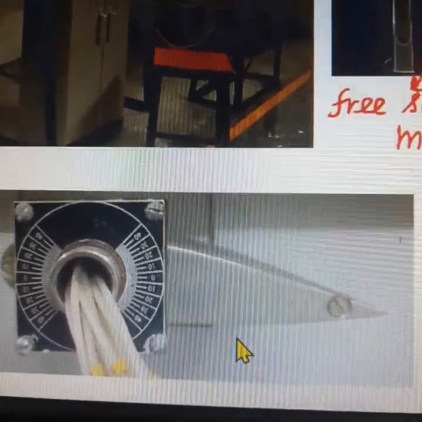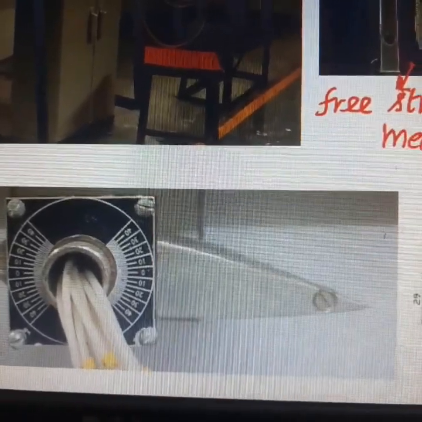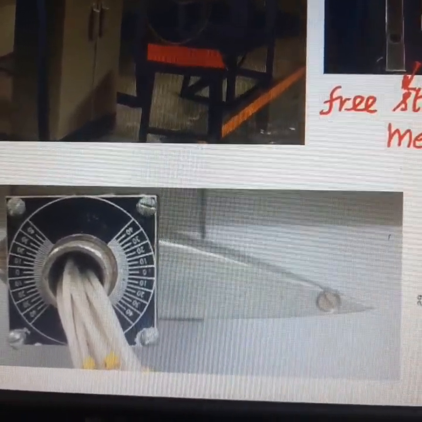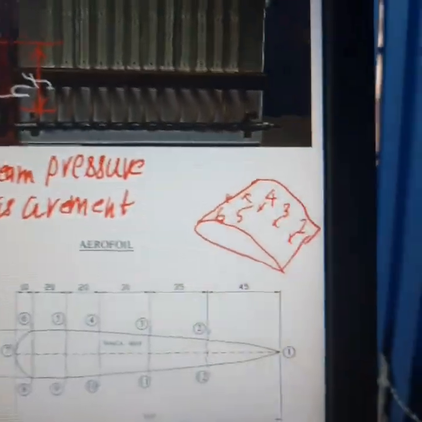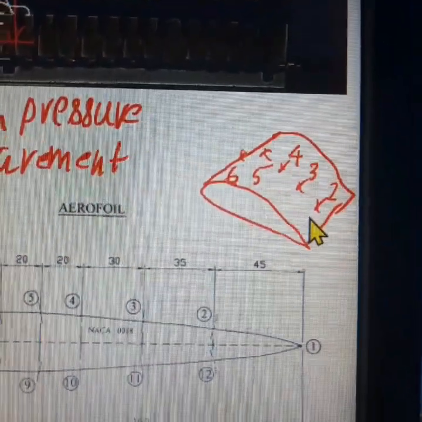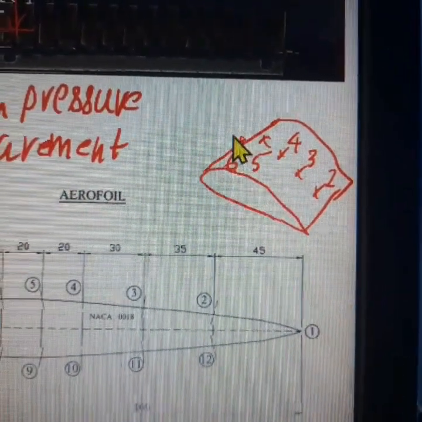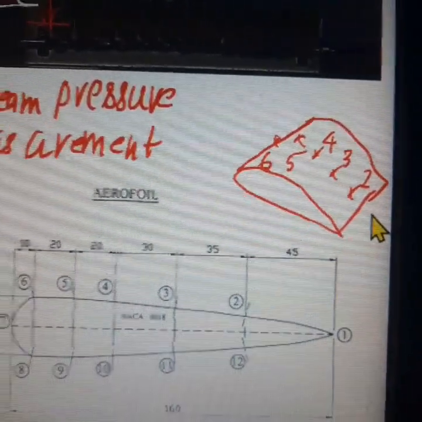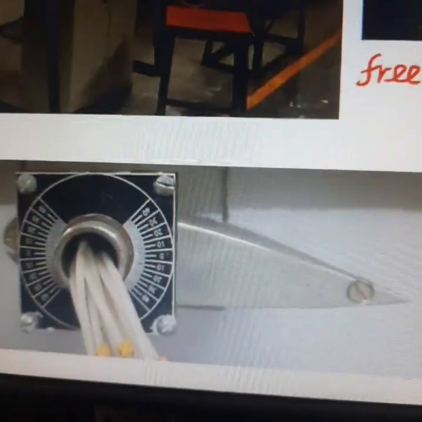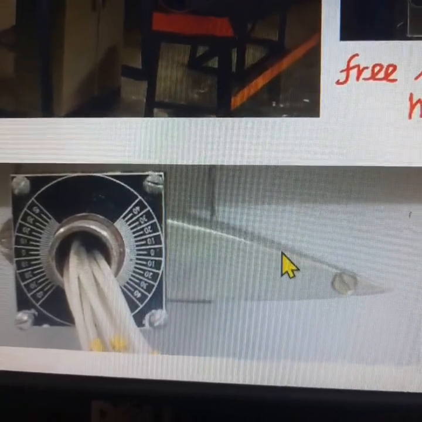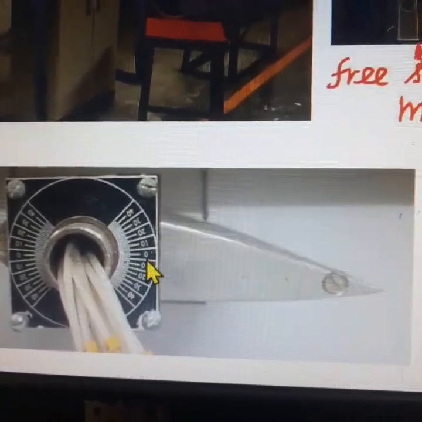In order to determine the pressure acting at each and every point over the aerofoil, there are 12 pressure tapping points drilled over and below the aerofoil, and the pressure prevailing at each point is recorded using a manometer.